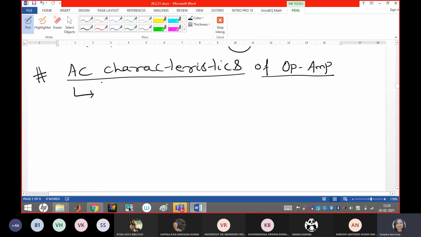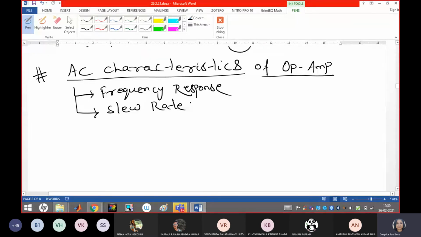The first one is frequency response. The second one is slew rate. These two are very important characteristics, guys. Frequency response will be helpful for you in module 5 when you learn wave shaping circuits, oscillators and your filters. Then come to the frequency response.